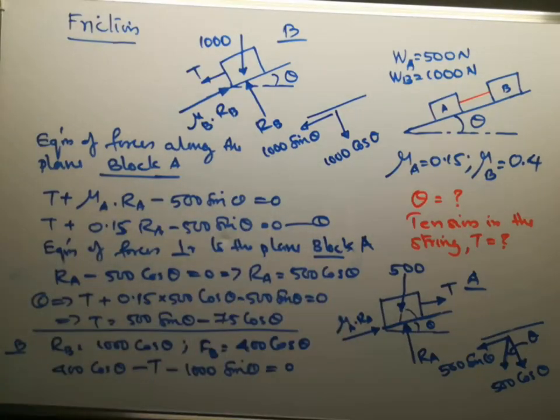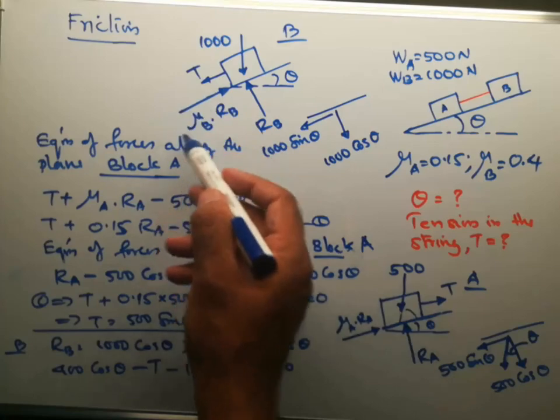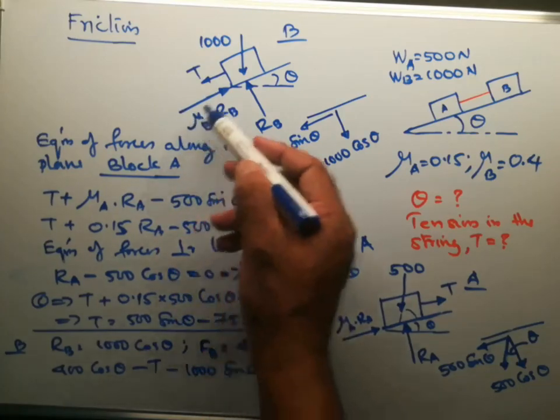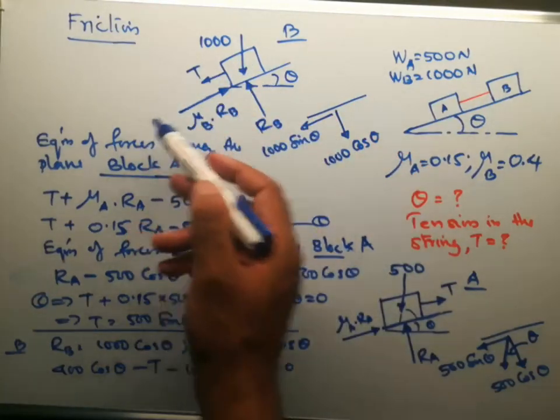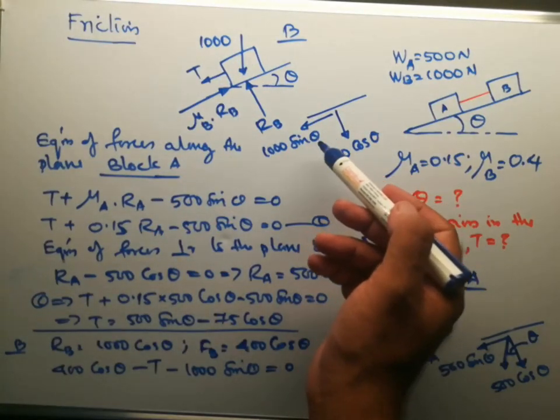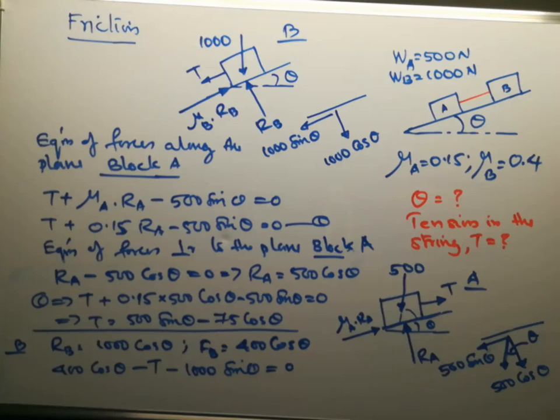The next moment it may move. So 400 cos theta minus T minus 1000 sin theta equal to 0, because 400 cos theta is the frictional force we have calculated here, acting upward along the plane, and T and 1000 sin theta are in the downward direction.